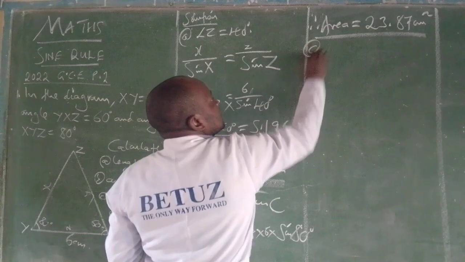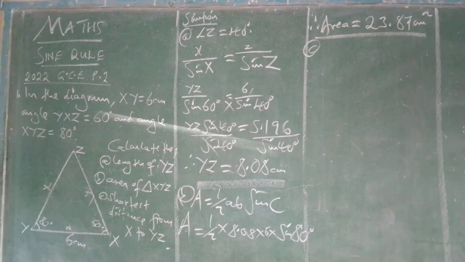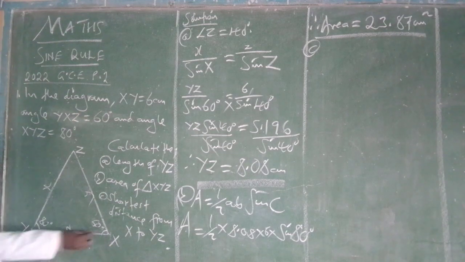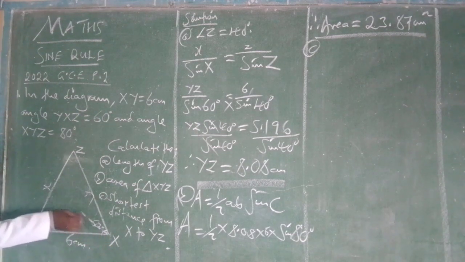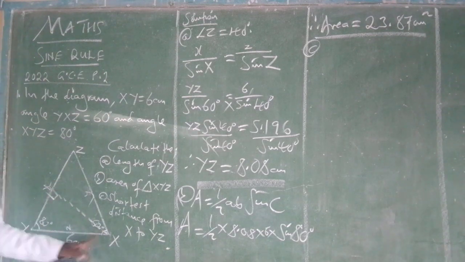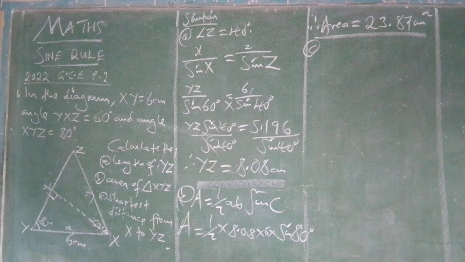Then going to question C, which says find the shortest distance from X to YZ. So this means you will create a perpendicular height up to YZ. So this becomes the height of the triangle. In other words, they want to find the height of the triangle, that is, from X to YZ.